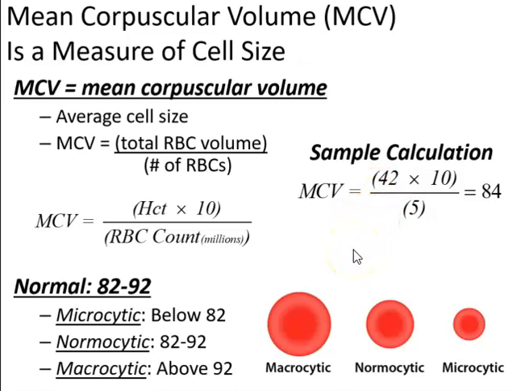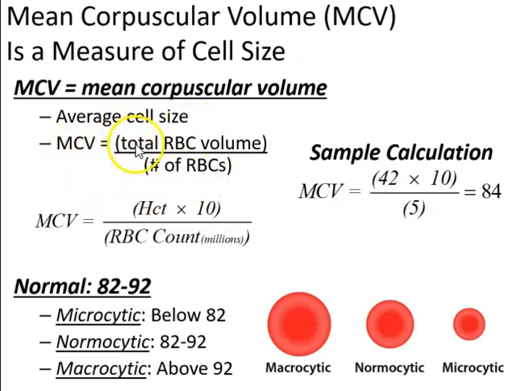Now, mean corpuscular volume measures the cell size of the erythrocyte, and this is important, especially if we want to see whether or not there is some sort of pathology involved. So MCV means mean corpuscular volume. This is the average size of the cell, and we get the MCV with this formula.